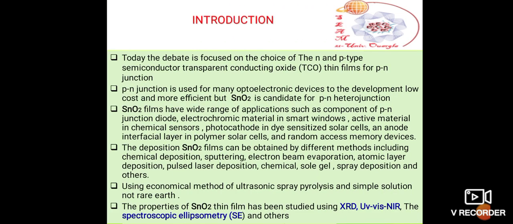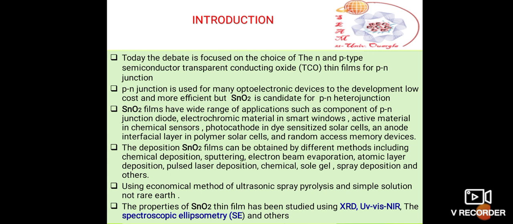Today, the debate is focused on the choice of the N-type and P-type semiconductor transparent conducting oxide in thin film for PN junction. PN junction is used for many optoelectronic devices to develop low cost and more efficient devices, but tin oxide is a candidate for PN heterojunction.